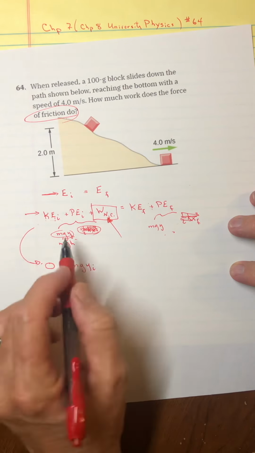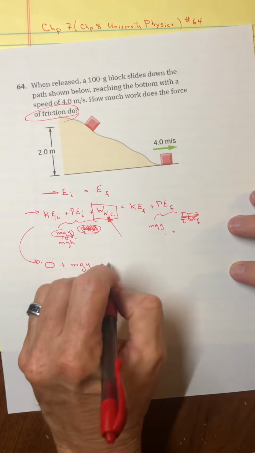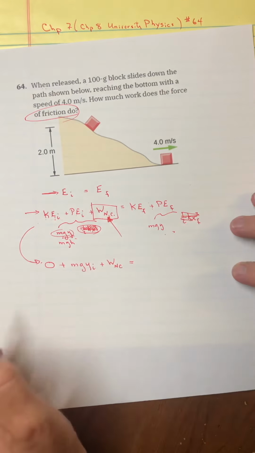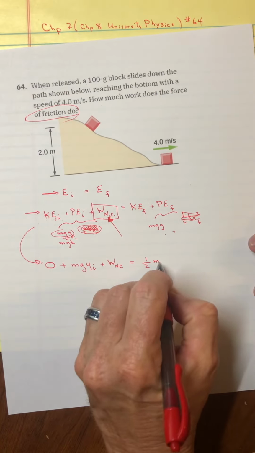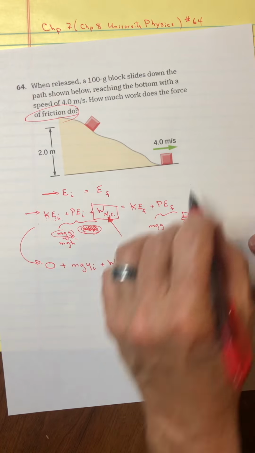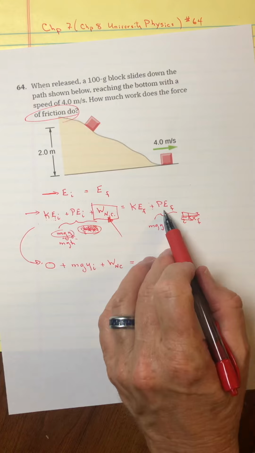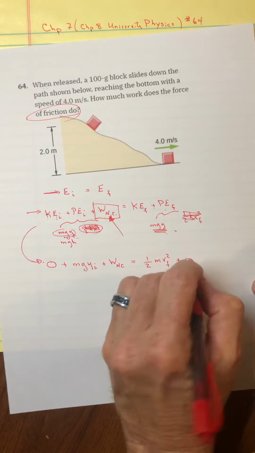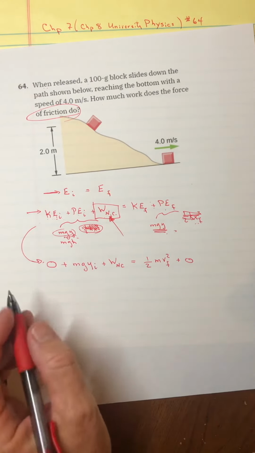As we said, there's no elastic energy, so I won't need to worry about that. This is what I'm looking for, the work done by the non-conservative force. Then there would be a kinetic energy, 1/2 mv final squared. It is moving down here at the bottom. And then potential energy, the height here would be 0. And we're going to ignore elastic energy.